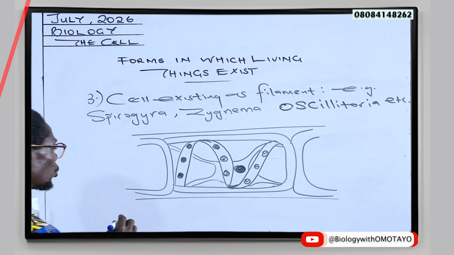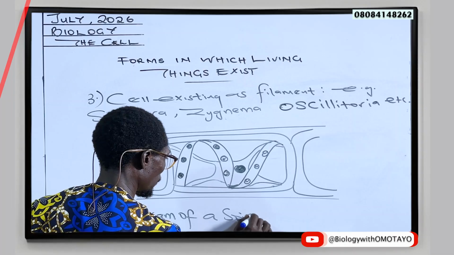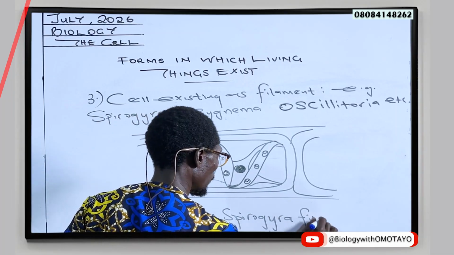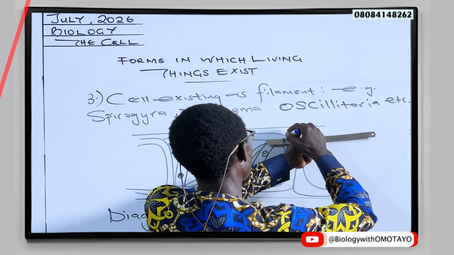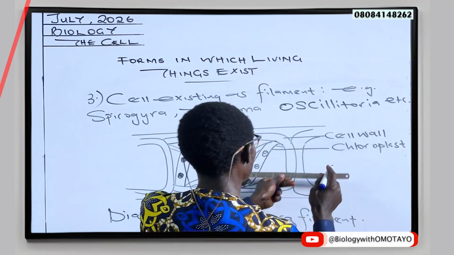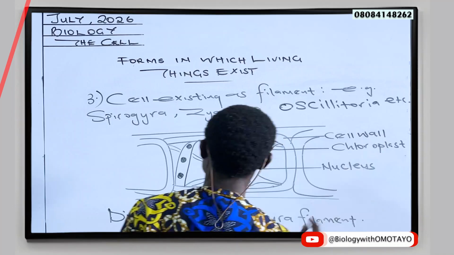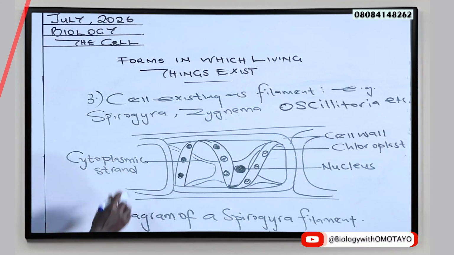So, title. Remember, we are to draw horizontal lines and we are to use a ruler. We'll be labeling left and right. So we have our cell wall already labeled out there.